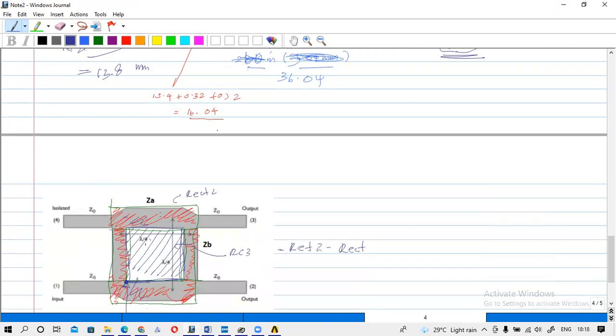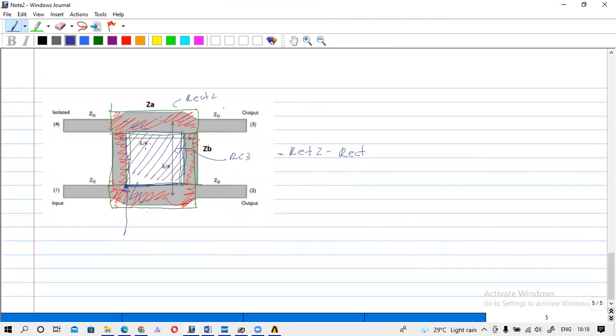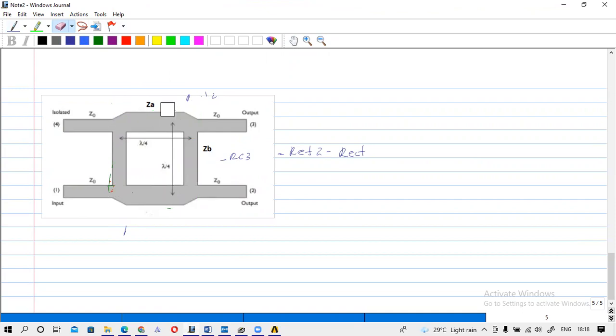So this section will be 13.8. If I write it here, you can see that this is 0.32 and this is 15.4. So I remove 0.32 and this 0.32 from 15.4.